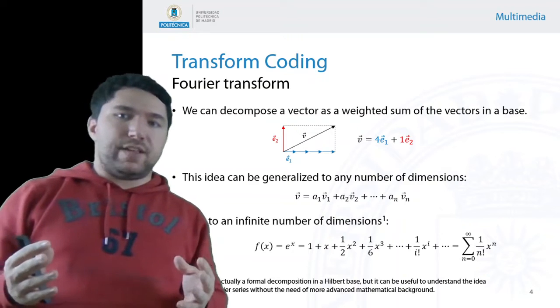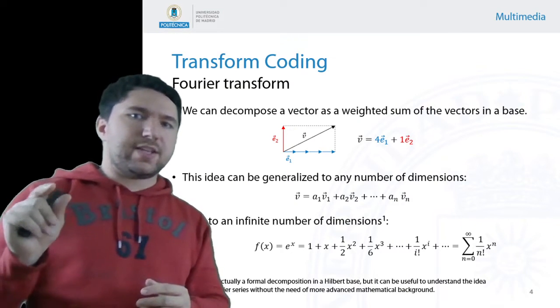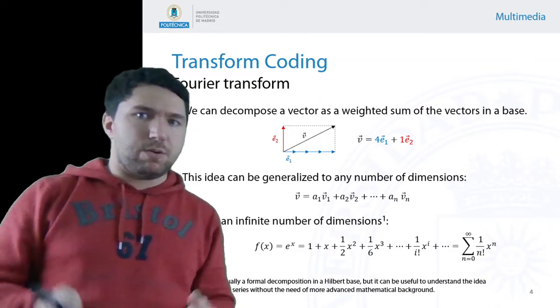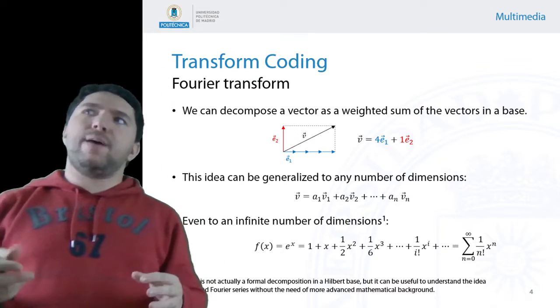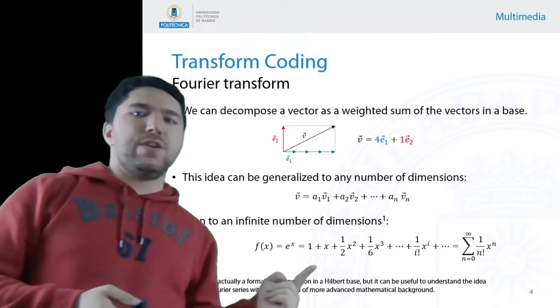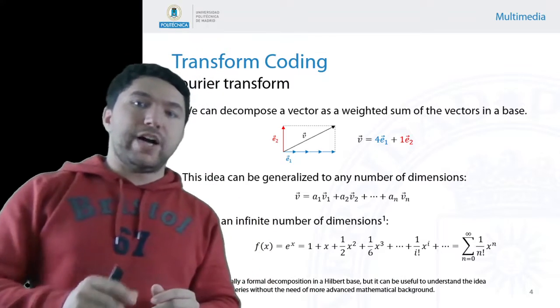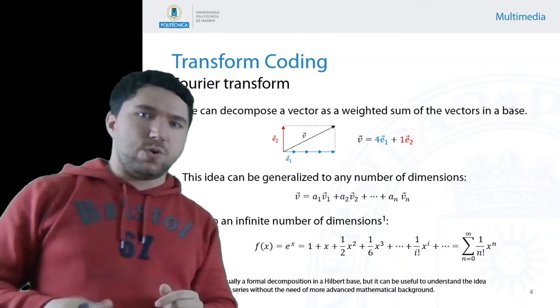However, we know that maybe with a few terms, we can get a good representation in the environment of 0. So what happens if instead of giving an infinite vector, I give a truncated vector only with a few components?